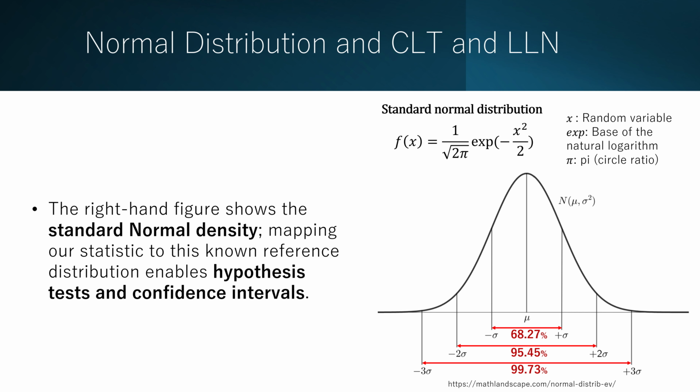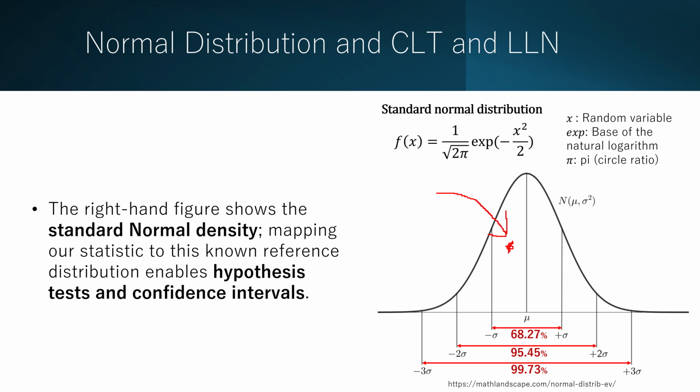The key idea is that by mapping our statistics, like the sample mean, onto this known curve, if the data are within here, that is within 68%, then we can check the hypothesis.